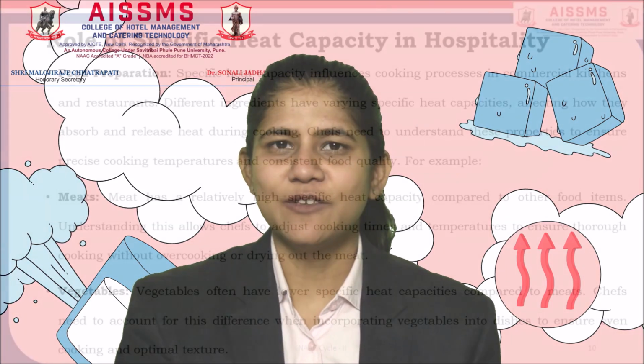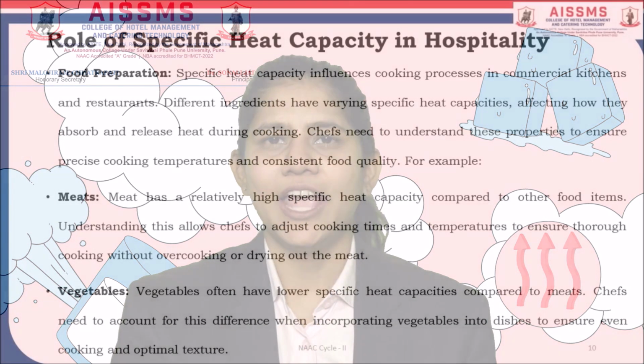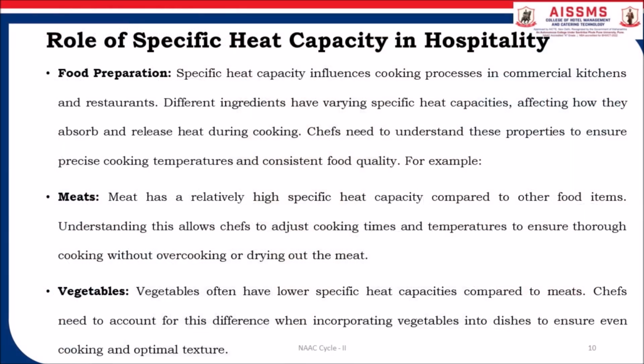Now, let's take a look at how specific heat capacity plays a significant role in the hospitality industry, particularly in food preparation. Specific heat capacity influences the cooking process in commercial kitchens and restaurants.